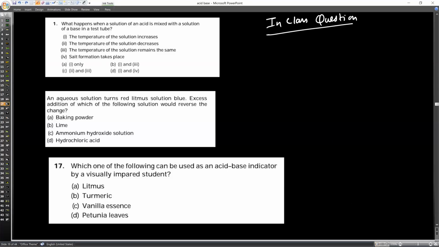So what could be the answer for this question? Can you answer me? All the three. So I should write down this.